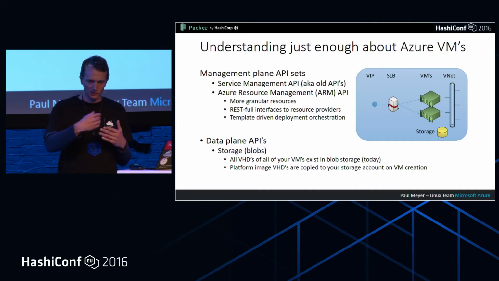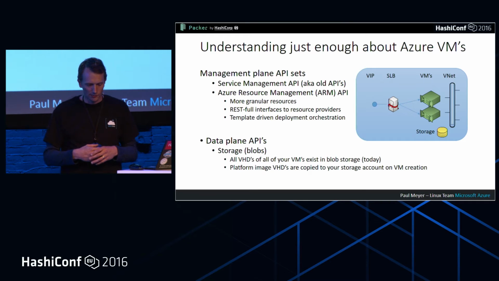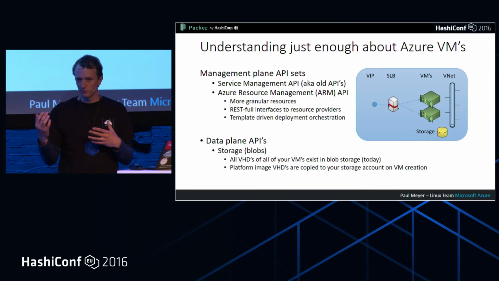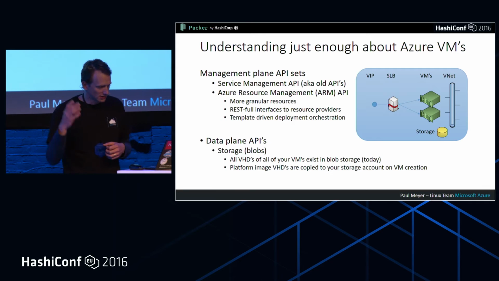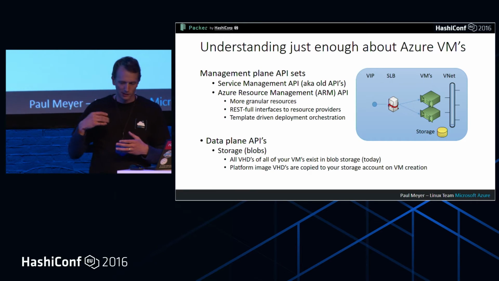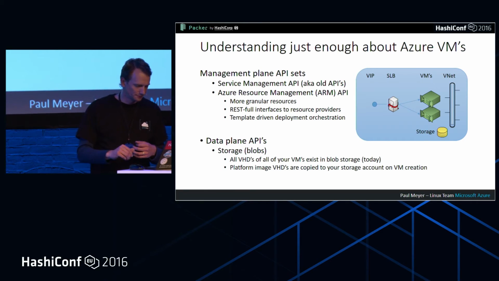So you write something to disk and you can read it back through blob storage if you want, but they're always in blob storage. Also if you pick a standard image from our library or from a marketplace, you get a copy of that image in your storage account. This is interesting to keep in mind when we get to the artifact that Packer produces.